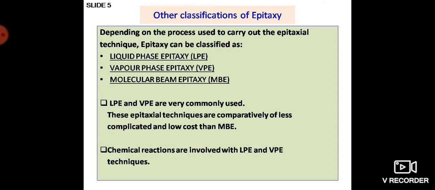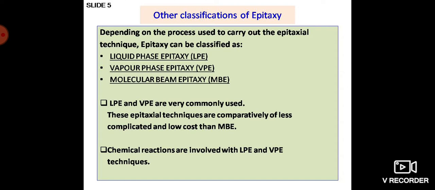Among these three, LPE and VPE are very commonly used to grow silicon over silicon, as in the present case we will discuss, because they are comparatively low cost and less complicated techniques than the last one, MBE.